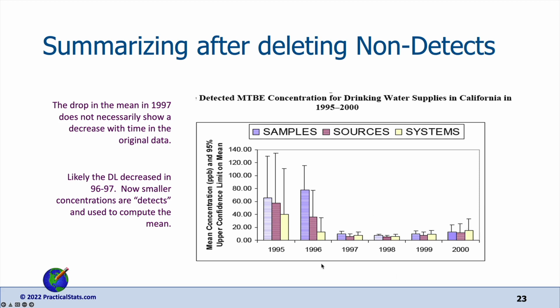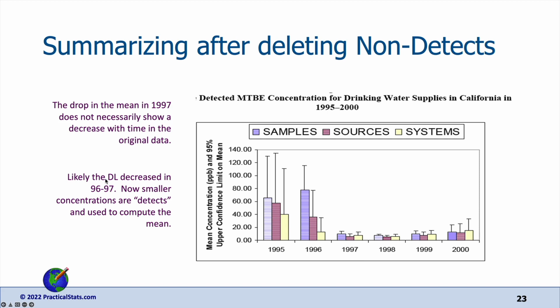The big picture here is that after 1996, the mean drops precipitously. Well, I believe there was a change in the laboratory detection limit between 1996 and 1997. They don't say it easily, but they're just looking at the detected data for MTBE. So they've deleted all the non-detects.